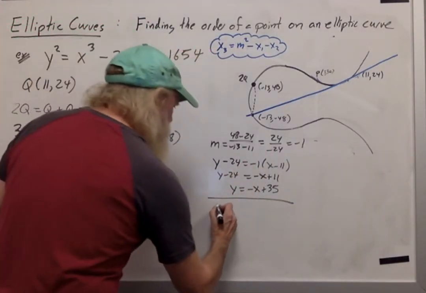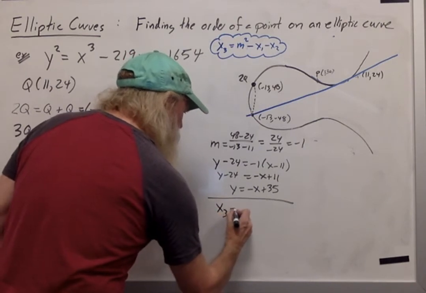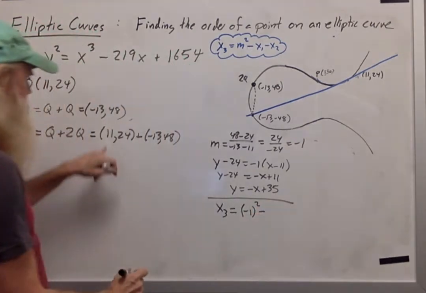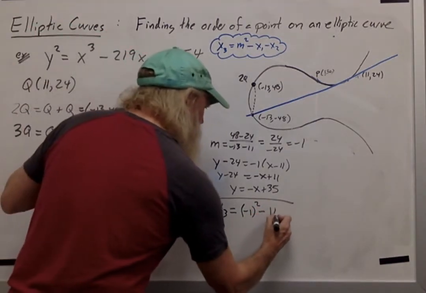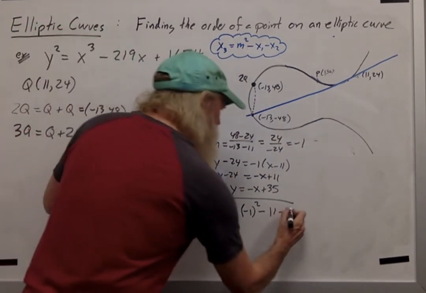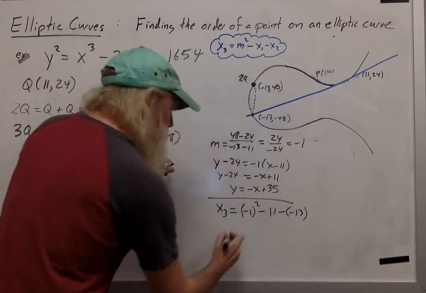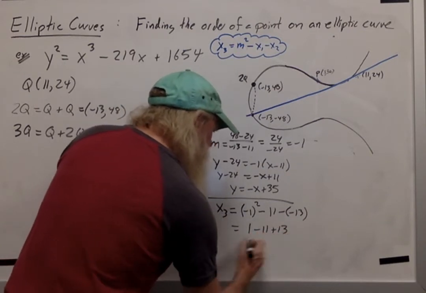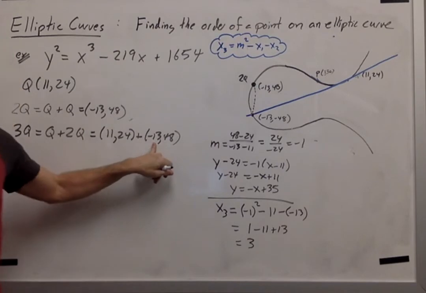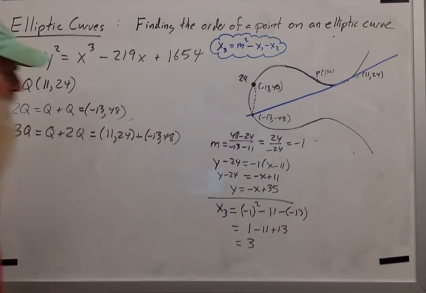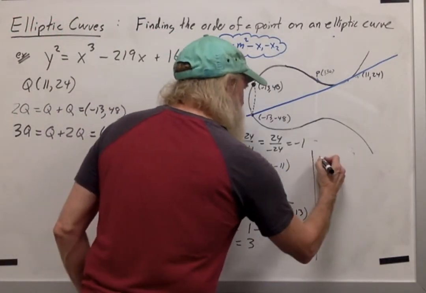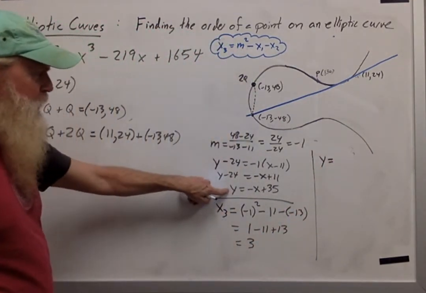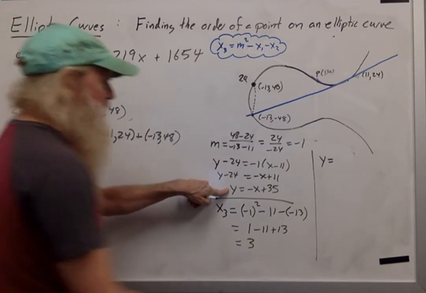Applying this formula, we get the x coordinate of the third point of intersection, which is m squared, negative 1 squared, minus the first x coordinate minus the second x coordinate, which is 1 minus 11 plus 13, or 3. I can get the y coordinate of the point of intersection by substituting that 3 into the equation of the line.